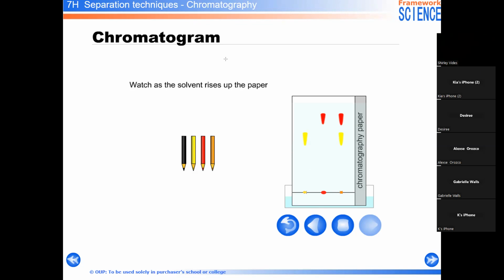The water would be drawing up. Let me do that in blue so it doesn't look so weird. The water would be getting up the paper, and as it does, it dissolves this right here, this right here, and this right here.